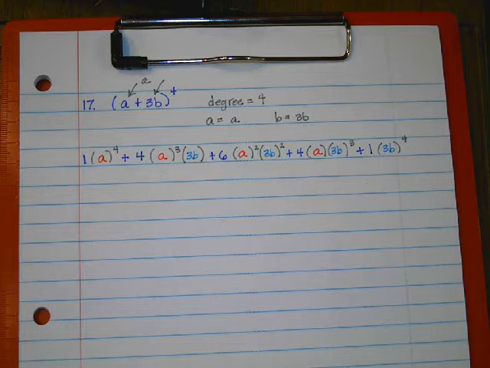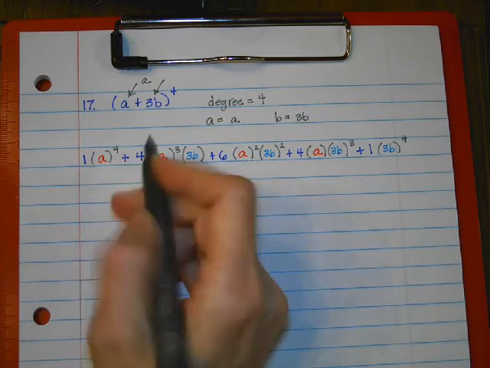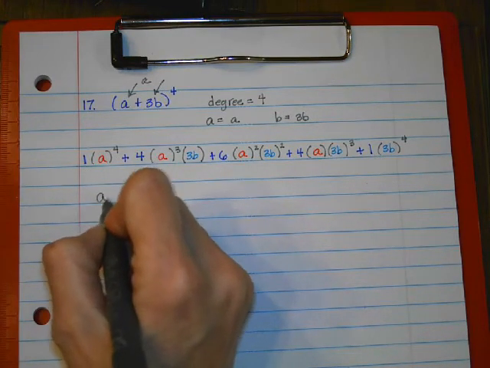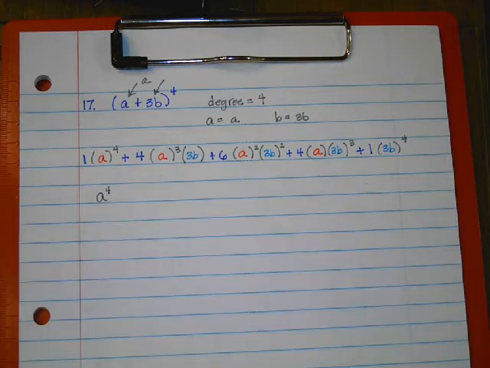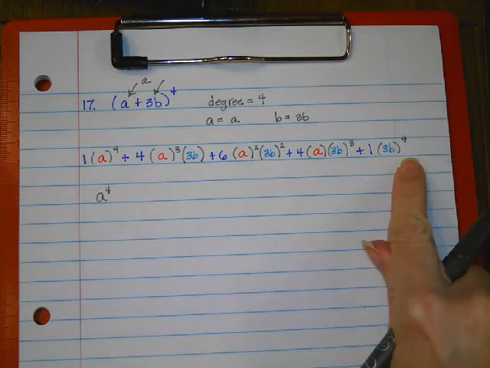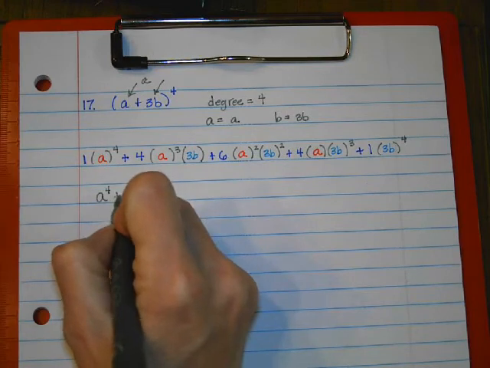All right, so when we have just a variable and a coefficient of 1, it's pretty easy. So I've got 1 times A to the fourth, which is just A to the fourth. But as we move over here, since these are all positives, there's no negatives, we're just going to put plus.